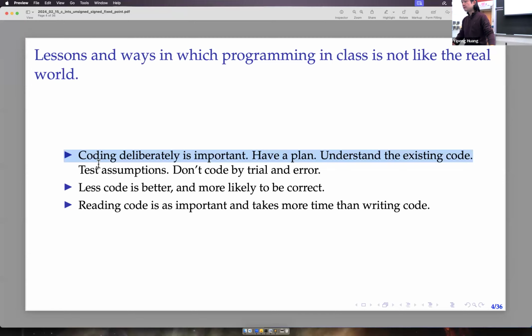And one very specific thing is to never try to code by trial and error. Who's gotten into this loop before? The code doesn't work, so let's just randomly move some code around and test different things until finally somehow it magically works. We've all been there. I've been there.